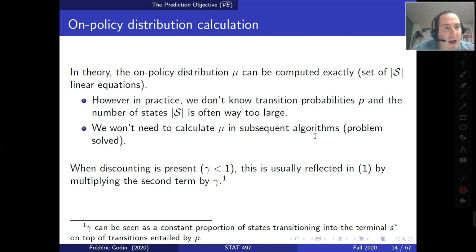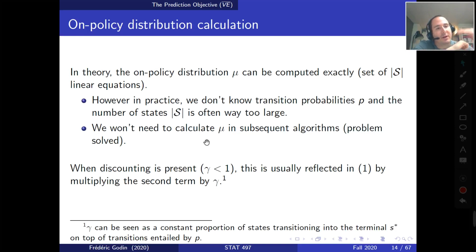This seems to be bad news, but the good news is that in the algorithms presented subsequently, we will see that we don't need mu within the algorithms to update the values of the parameters.